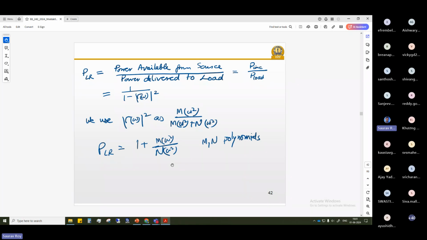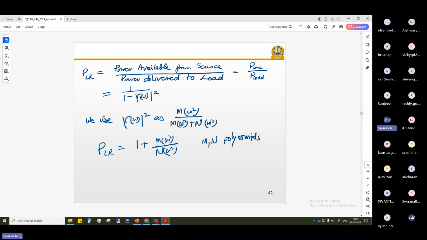If you follow filter theory, you will have one function for the Butterworth filter and other functions for Chebyshev and elliptical. That is how all these functions come. So the basic step is calculating the loss ratio or insertion loss.